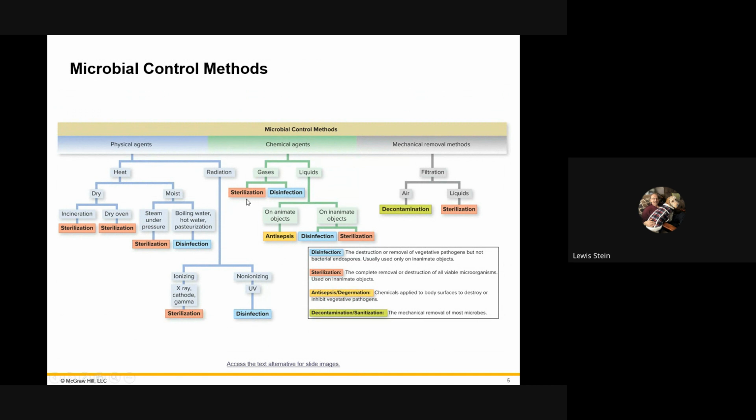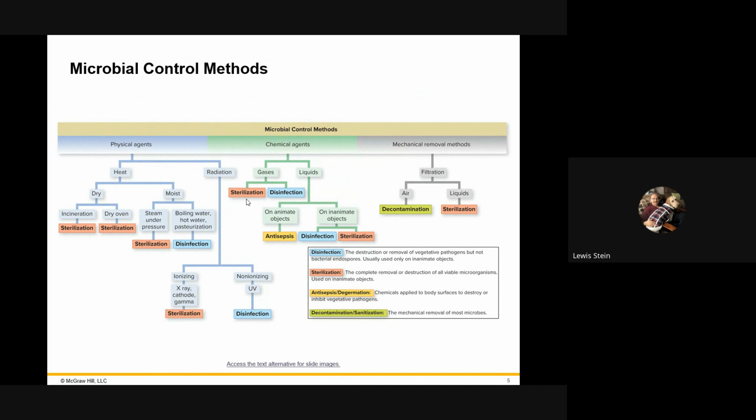And the one that we use the most, because it's cheap and easy, is heat. Radiation, we'll get into it. It's used a lot. Heat: dry heat, and by far and away most commonly moist heat. Boiling and hot water are not enough; they're pasteurization, just types of disinfection.